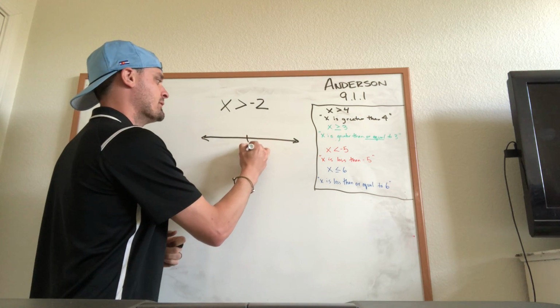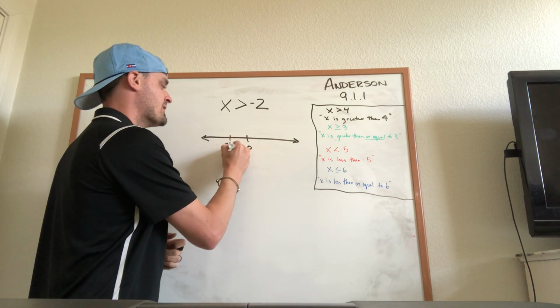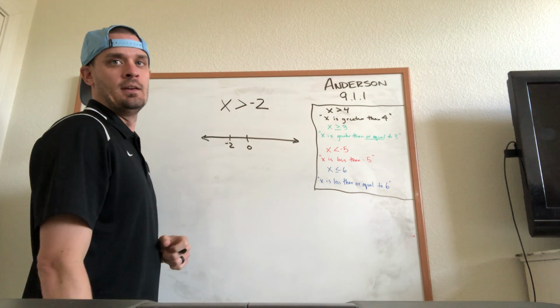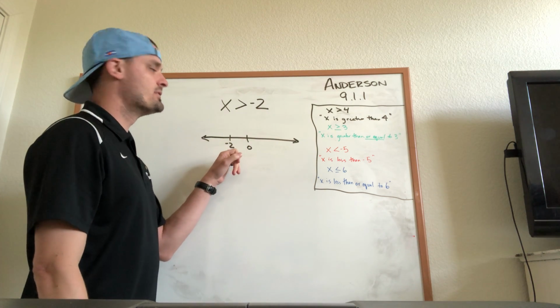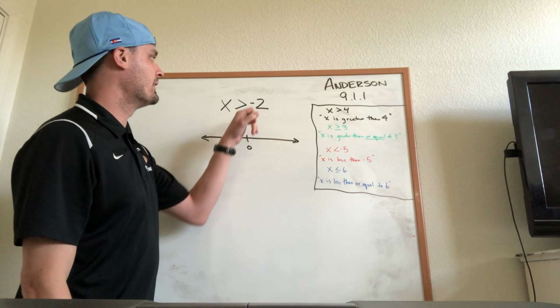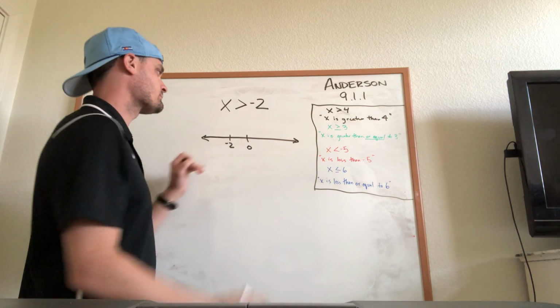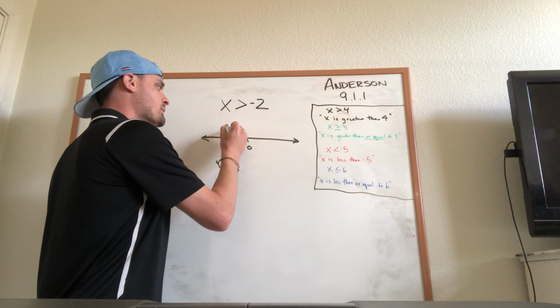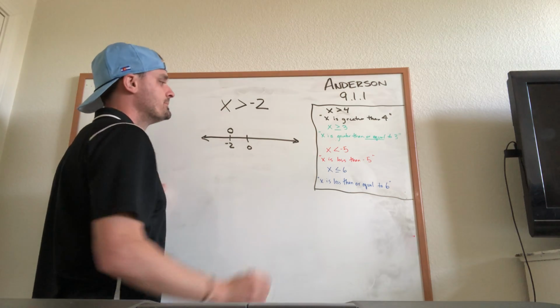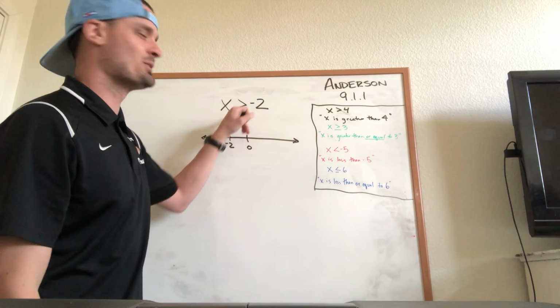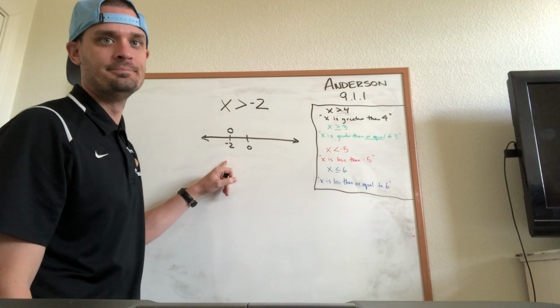Let's say 0's in the middle. Here's -2. So at -2, that's kind of our main point here. What we want to do is draw an open circle. And the reason we draw an open circle here is because we're not going to include that point.